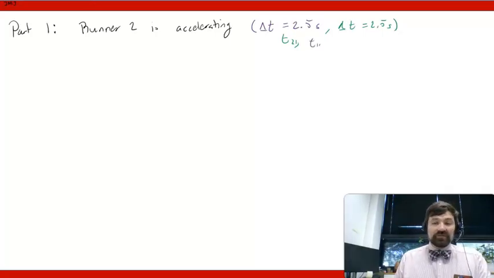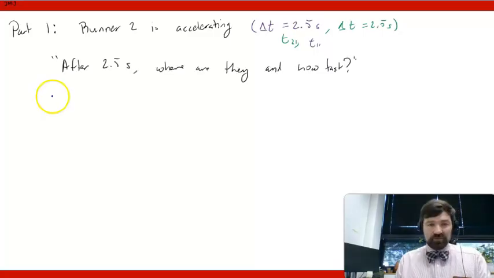And what we want to do is figure out where they both are located and what their speed is at the end of this 2.5 seconds. So runner 2, we could call this x21, just has a constant speed. So we have v21 times t21, plus the initial 7.5 meters, or plus x11.